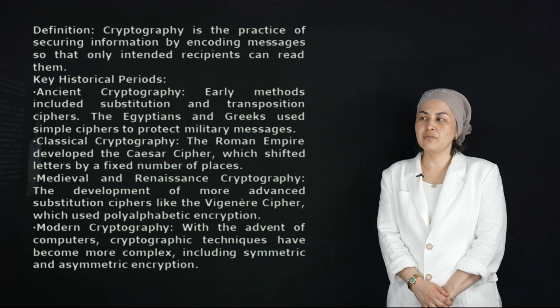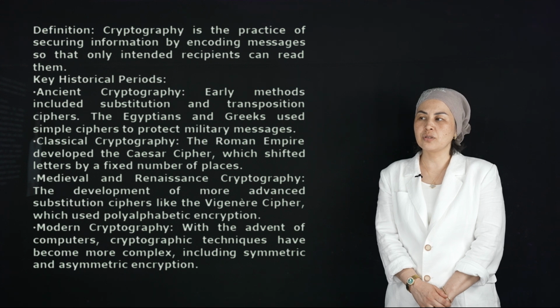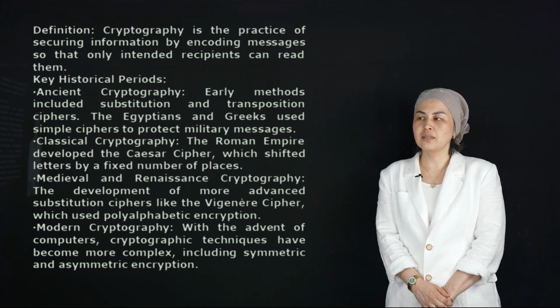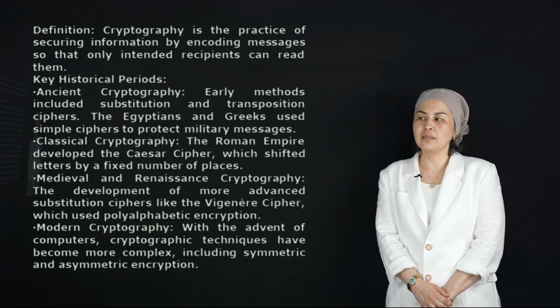Next, medieval and Renaissance cryptography saw the development of more advanced substitution ciphers like the Vigenère cipher, which used polyalphabetic encryption. And in modern cryptography, with the advent of computers, cryptographic techniques have become more complex, including symmetric and asymmetric encryption.